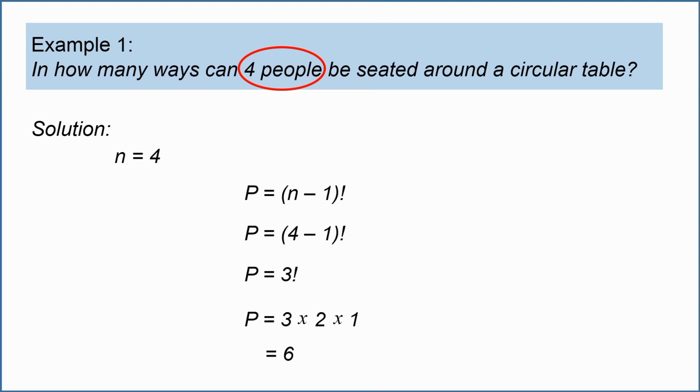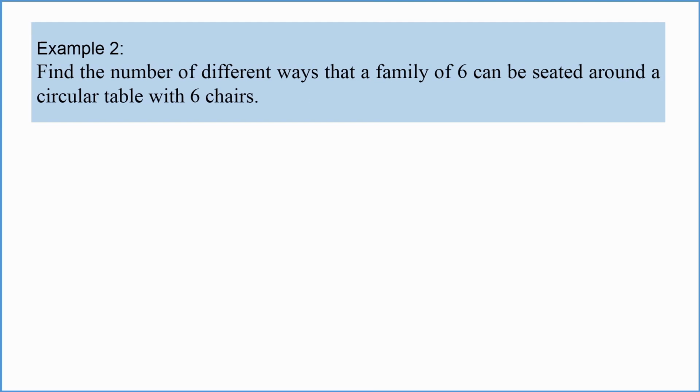Let's have another example. Find the number of different ways that a family of 6 can be seated around a circular table with 6 chairs. There are 6 people to be seated in a circle, so n is 6. Remember the formula for circular permutation, which is (n minus 1) factorial. Substitute: (6 minus 1) factorial.